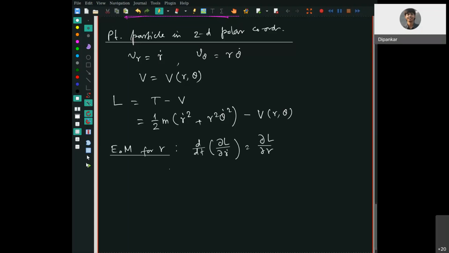You calculate that, and you will find that m times r double dot minus r theta dot squared equals minus del V del r. Okay. Good. So this is the radial equation.